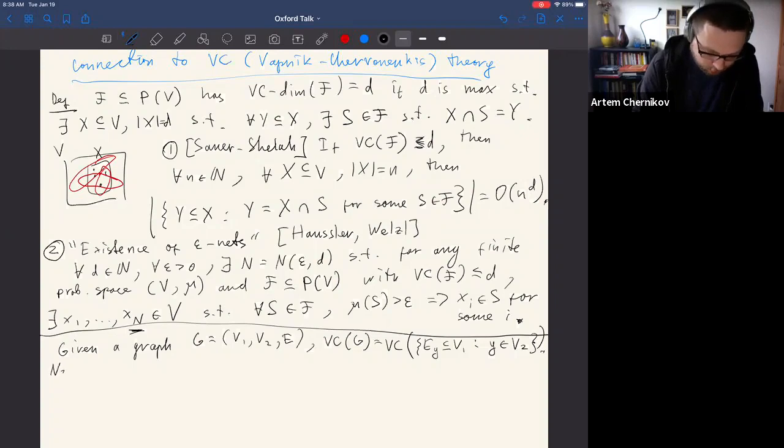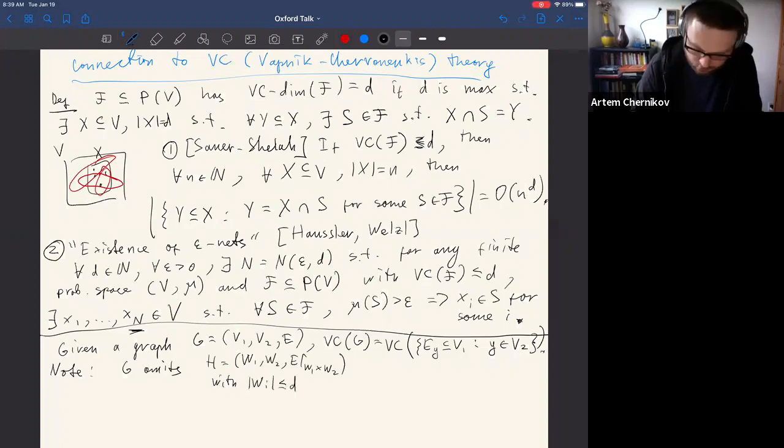Now note that G admits H, where H is given by W1, W2, and E restricted to W1 times W2, such that both parts have size at most D. This implies that the VC dimension of G is at most 2D.